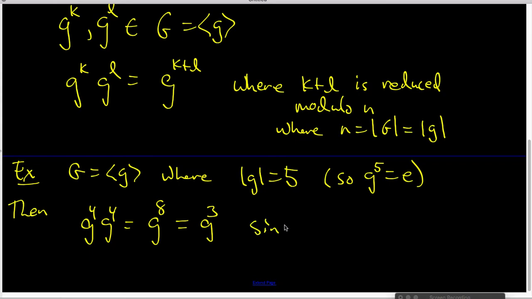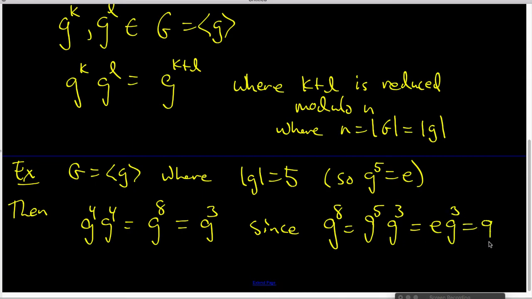And the reason that we can do this is because g to the 8th will be g to the 5th times g cubed, and g to the 5th is just an E, so we're looking at E times g cubed, and E times anything, of course, is the anything.